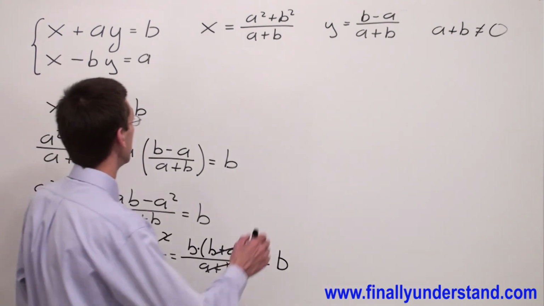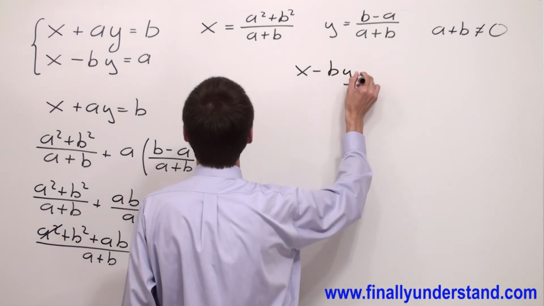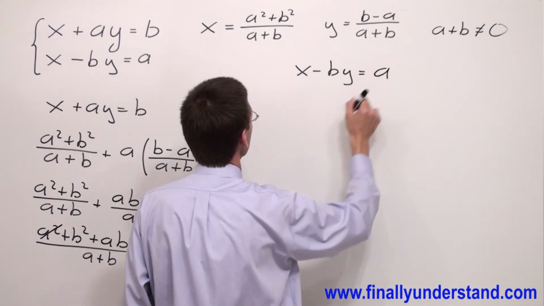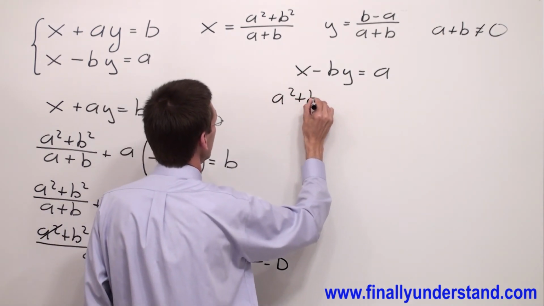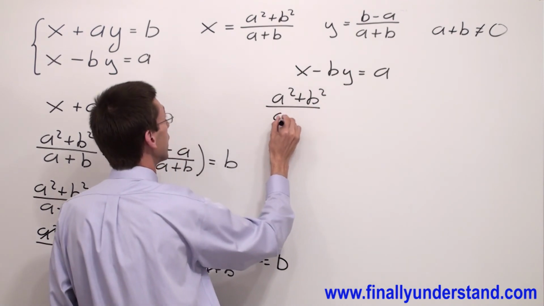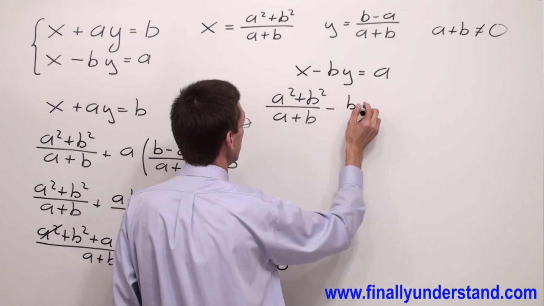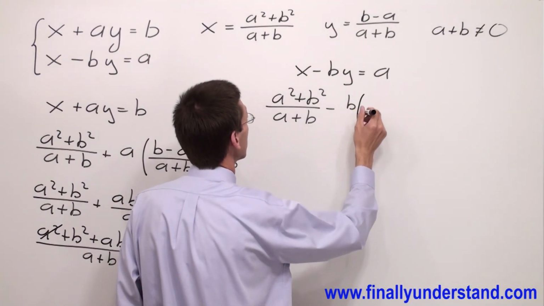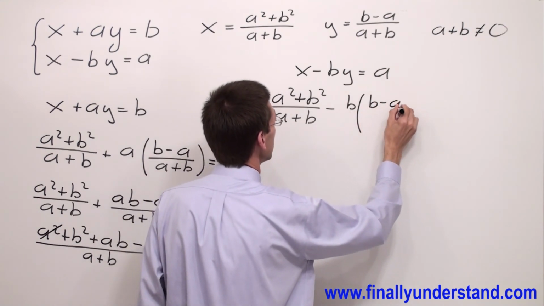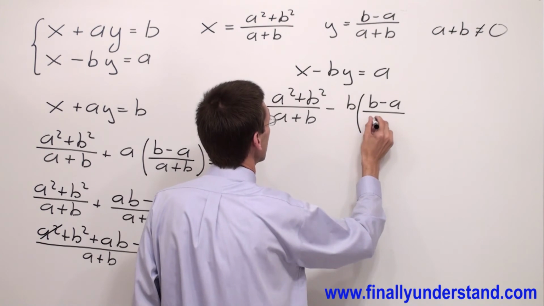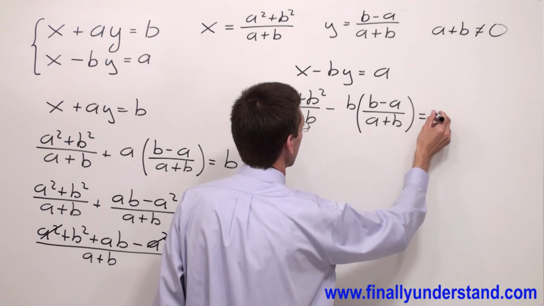I have x minus by is equal to a. Instead of x, I'm going to write a squared plus b squared over a plus b minus b times y, and my y is equal to b minus a over a plus b, and this has to be equal to a.